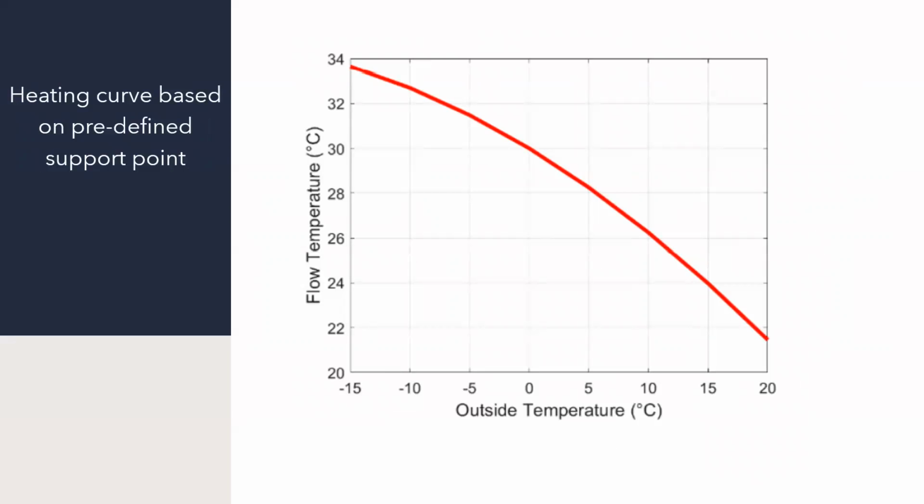A heating curve based on predefined support points is usually used to provide a predefined flow temperature, which can be the target temperature of the underfloor heating or of the storage tank.